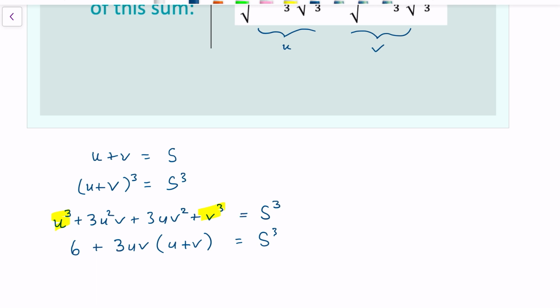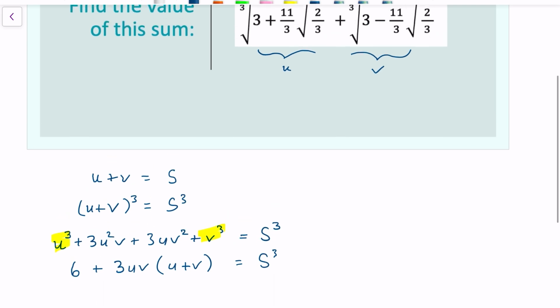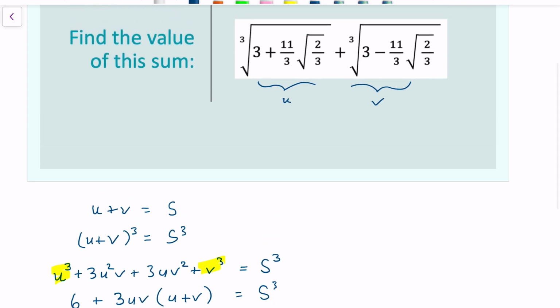From that, we go back to the fact that we're trying to find u plus v. So u plus v is equal to s, and we have 3 times uv to work out. So we need to multiply these 2 things together.